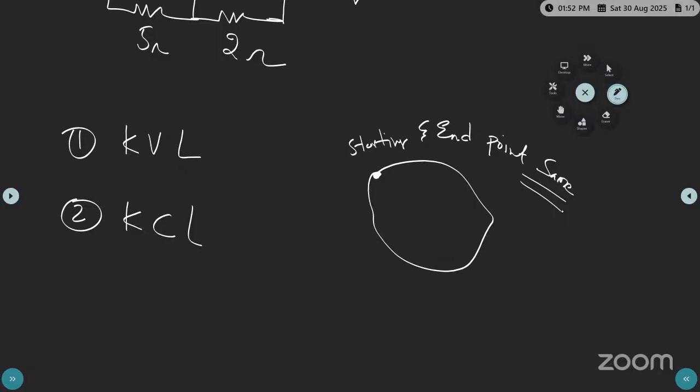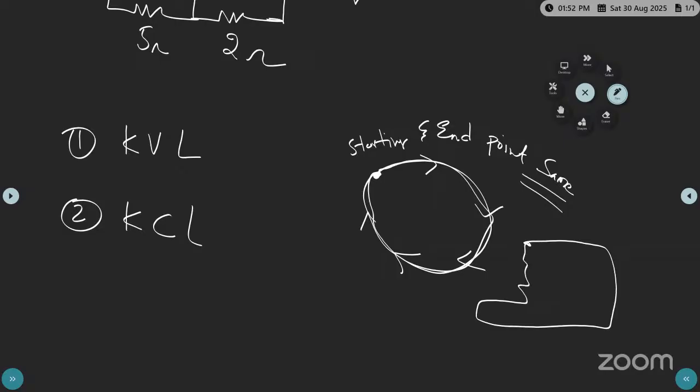Then I can say it is a loop. It may be clockwise, it may be anything, but it has to return to the same point. That is nothing but a loop.